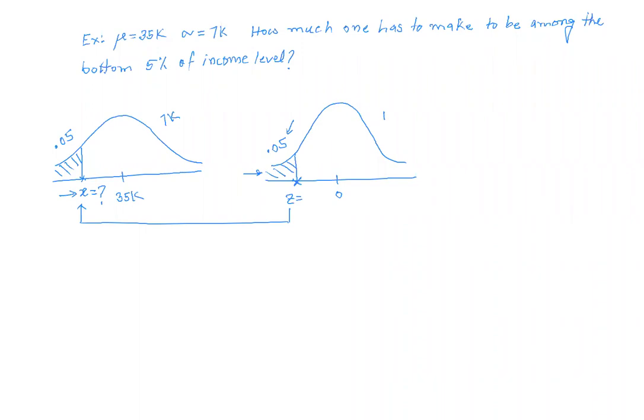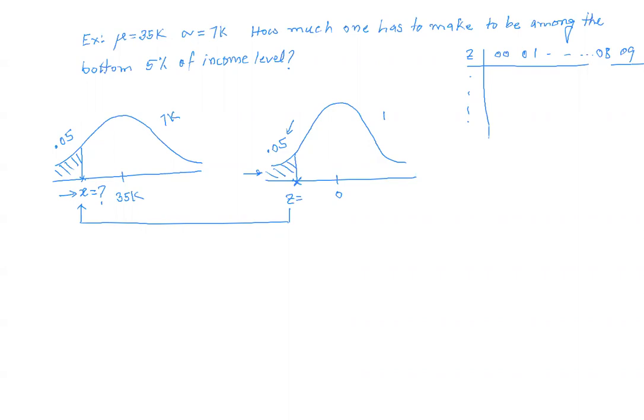This time, by the way, you do not look on the Z column. You have the Z, and these are the values 0.00, 0.01, and all the way to 0.08 and 0.09, right?